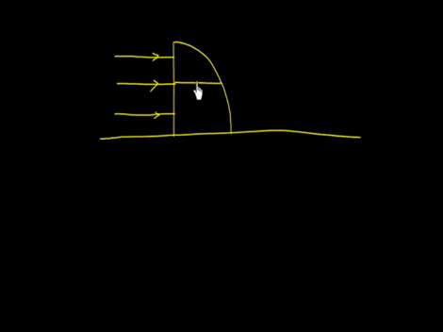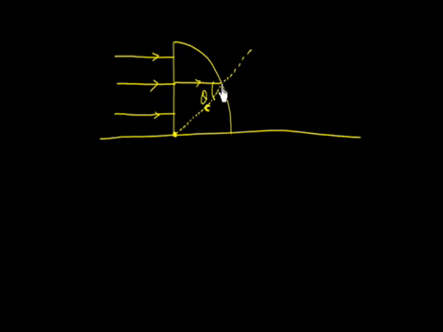Now you see what will happen for this ray. If I consider this ray goes here, and this is your center, I can always make the perpendicular, that is the normal from the center. So this is the normal, and this is the angle of incidence theta. Now if this angle theta becomes theta c, the critical angle, what will happen at this point?